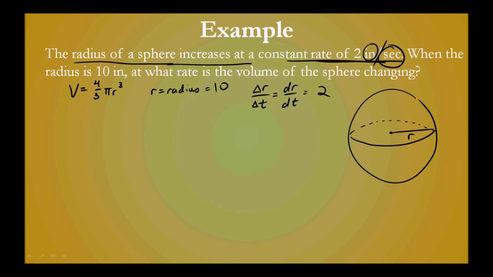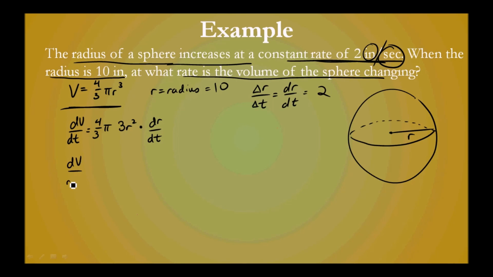So let's differentiate the volume formula with respect to time, so we can relate the change in volume of the sphere with the radius of the sphere. dv dt is equal to our constant 4/3 pi, times the derivative of r cubed, which is 3r squared, times dr dt, the derivative of r with respect to t.